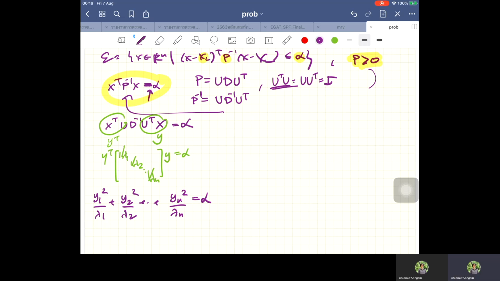Then instead of sketching the set of x, how about we sketch the set of y first.